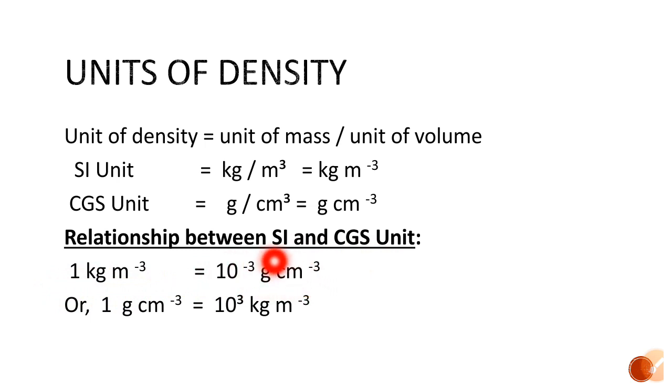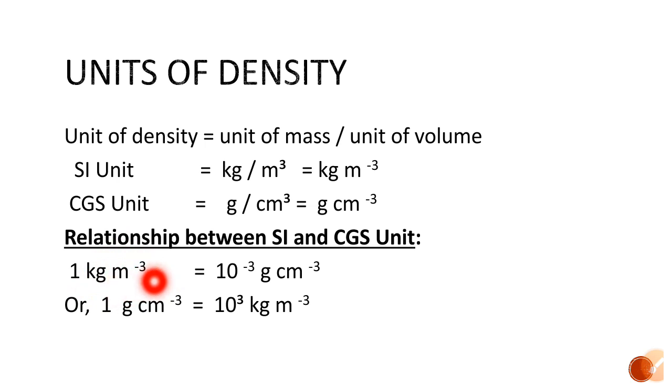To obtain this value, you can proceed with this line: 1 kg per meter cube. In place of kg you can write 1000 gram, and in place of meter you can write 100 centimeter, so it is 100 centimeter cube.